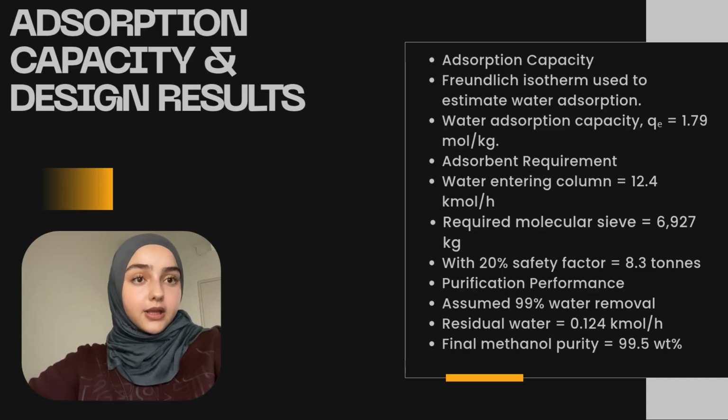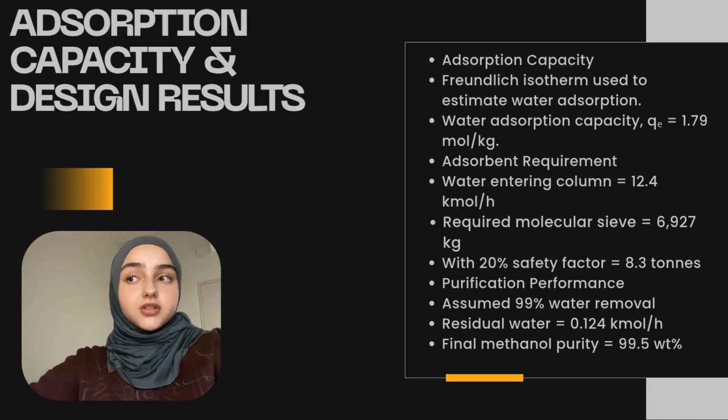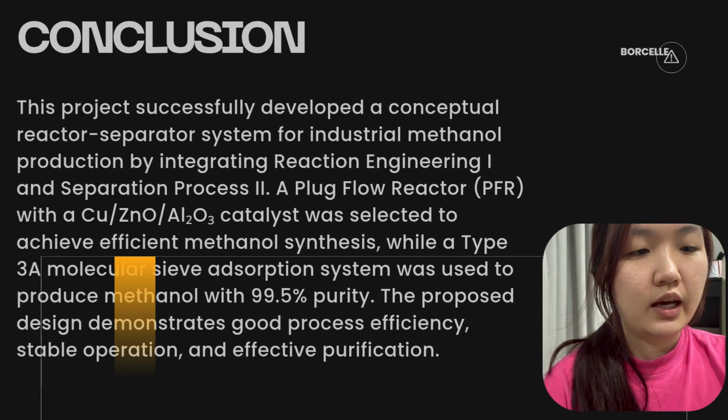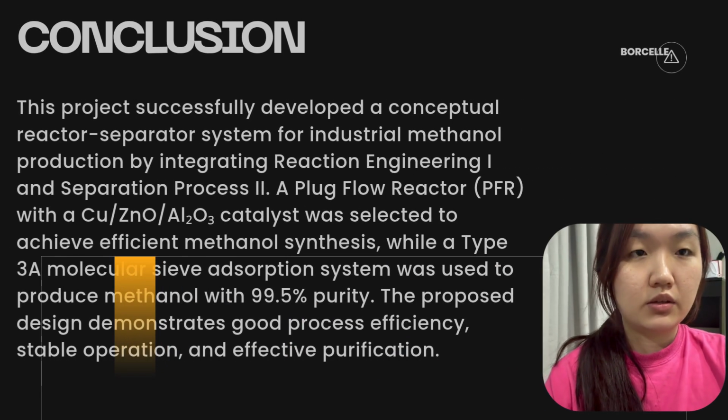So the final design requires about 8.3 tons of adsorbent. Assuming 99% water removal, the remaining water concentration is very low, allowing the system to achieve the target 99.58% methanol purity.